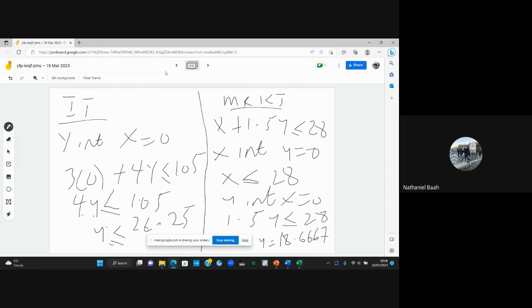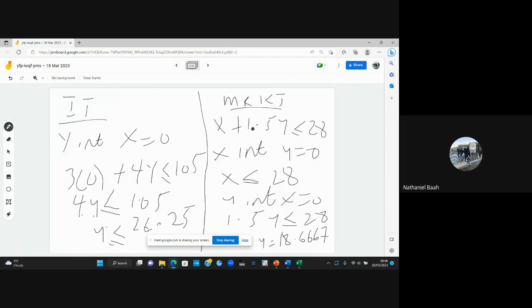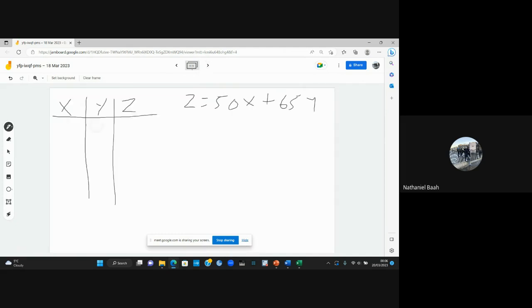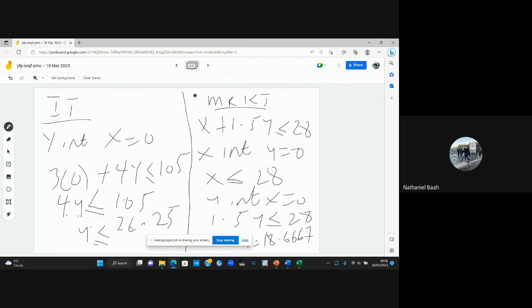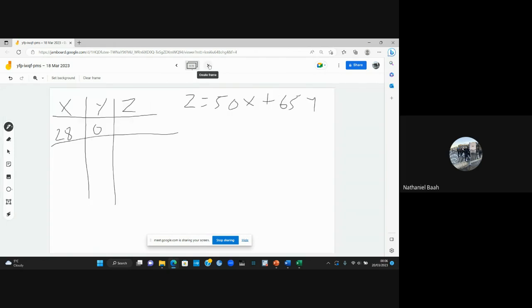Okay, great. So now I'm taking that of the marketing department, and in the marketing department at x-intercept, y is 0, and x is 28. Good. Then at y-intercept, x is 0 and y is equal to 18.6667.